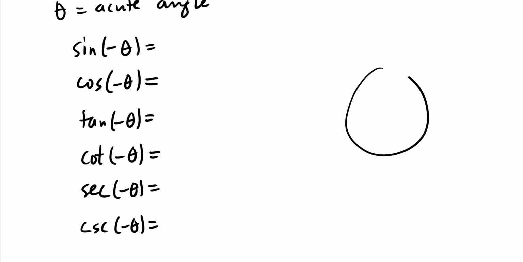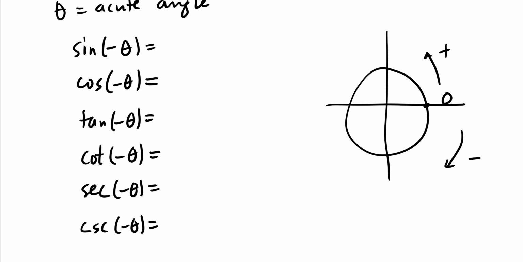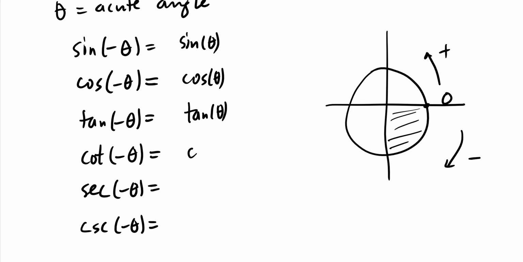This is what we do. Remember from the previous lesson, this is the positive direction, that's the negative direction. If you're traveling negative theta, which is an acute angle, it means we are in the fourth quadrant. First thing, you can drop the negative sign.